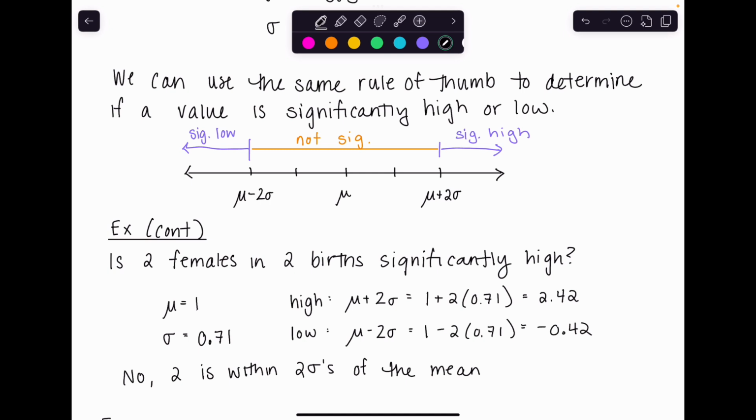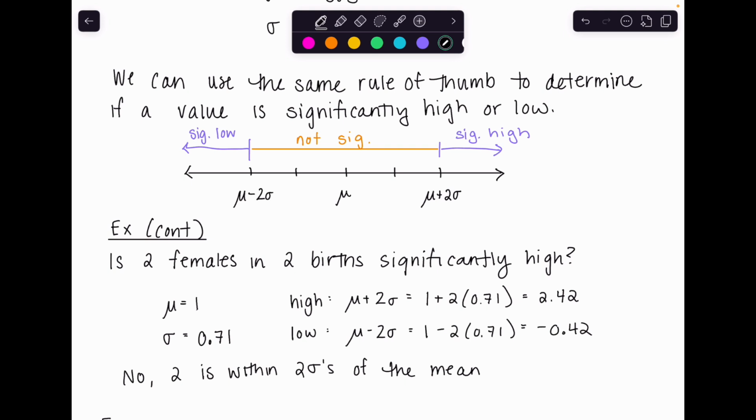So it is not significant at all, okay? So really everything else we've already learned still applies. Now we just have a little bit more work that we have to do to find the mean and to find that standard deviation.